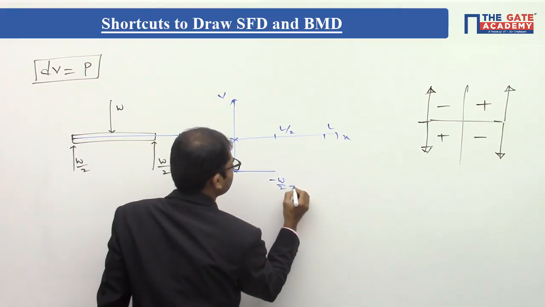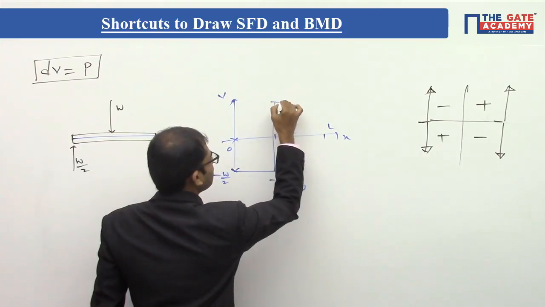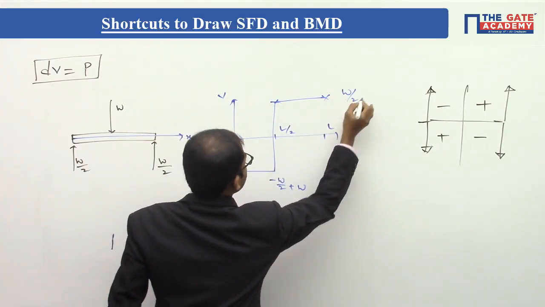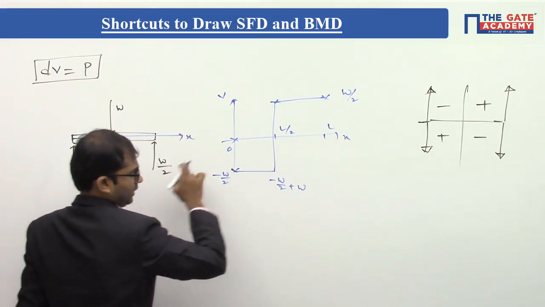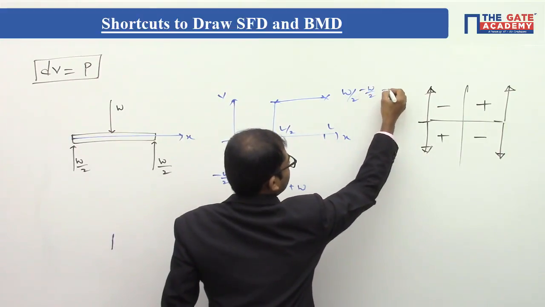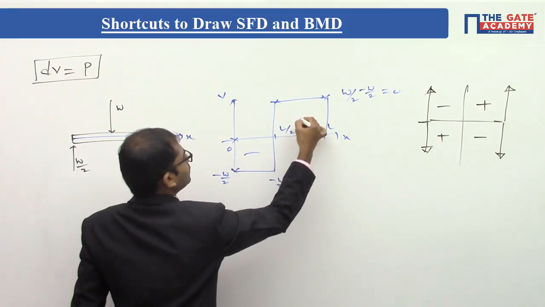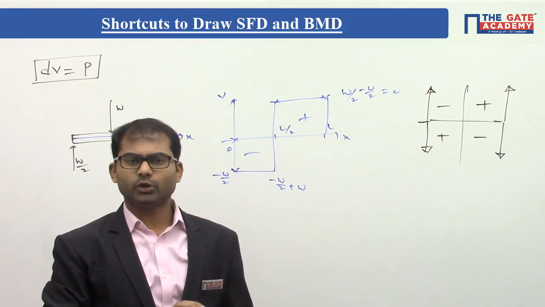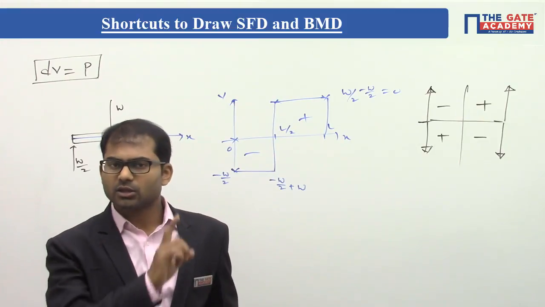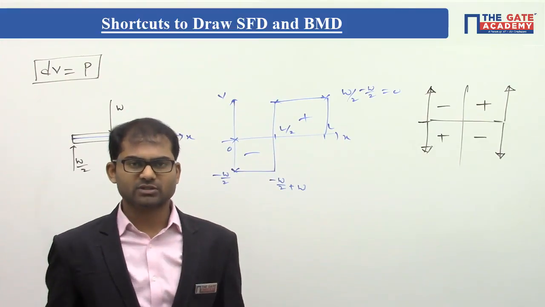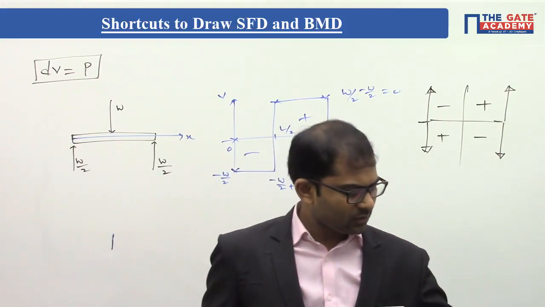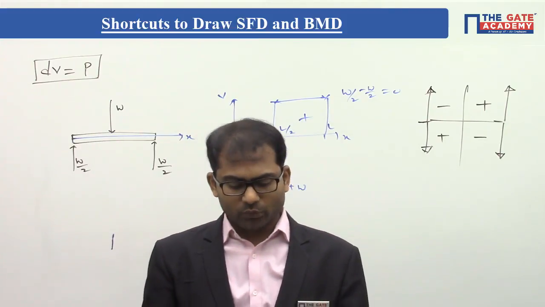So minus W by 2 plus W. So this becomes W by 2 here. Till here there is no change. But here, W by 2 upward, negative, so 0. Negative, positive. Like this, if any loading case is given to you, where point loads are there, using this technique, you can simply draw the shear force diagram. Understood, everybody? So these are all the techniques which you should know.